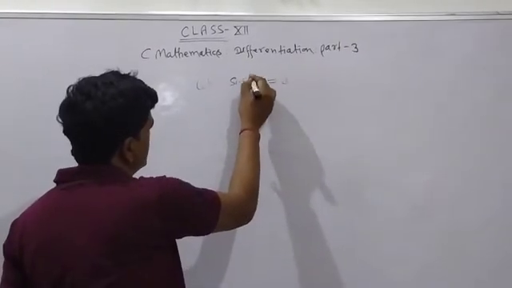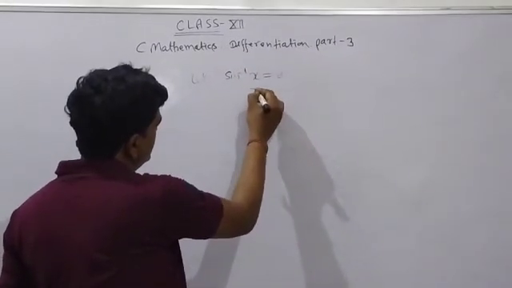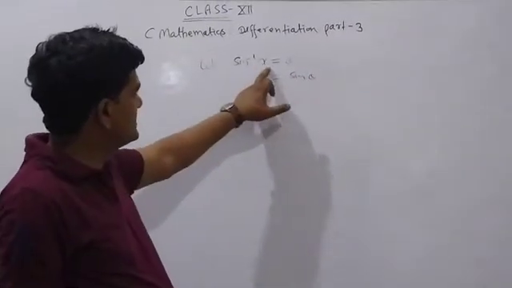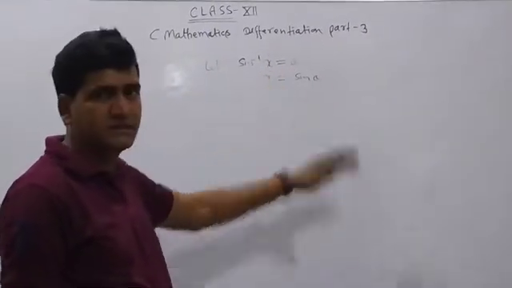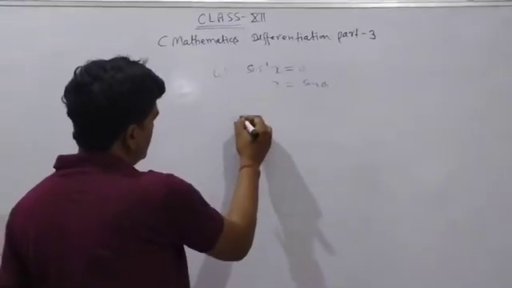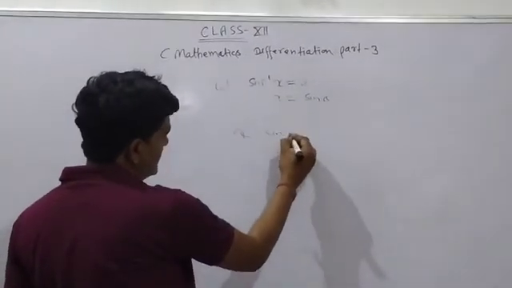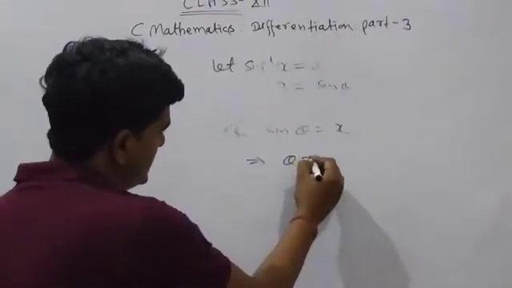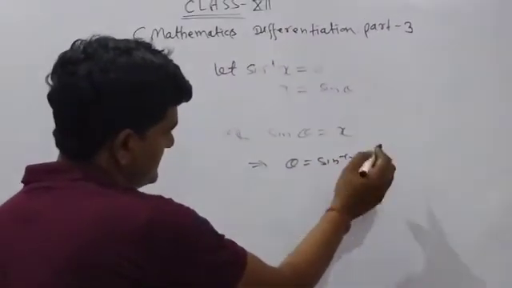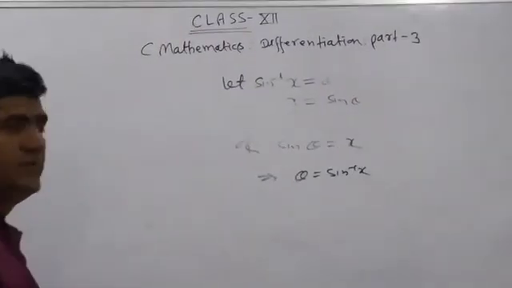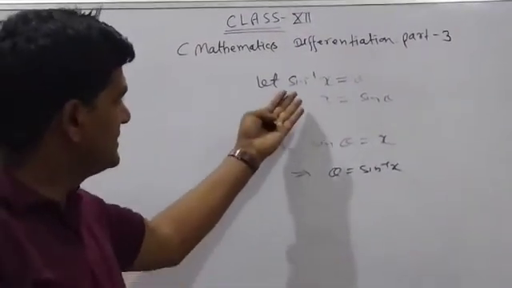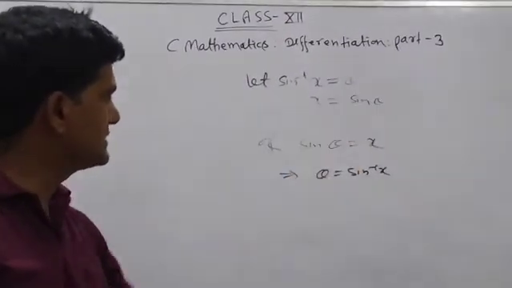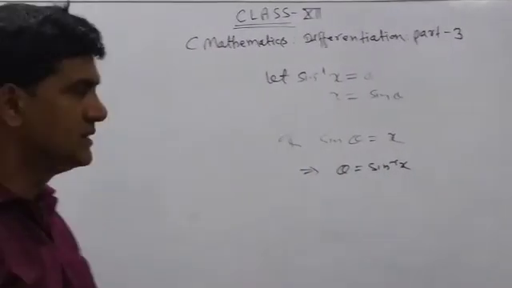Here sine inverse x is equal to theta, so x is equal to sine theta. Or, if sine theta is equal to x, then theta is equal to sine inverse x. Clear? When this type of condition comes, we can write: if this is equal to this, then x is equal to sine theta, or sine theta is equal to x, then theta is equal to sine inverse x.